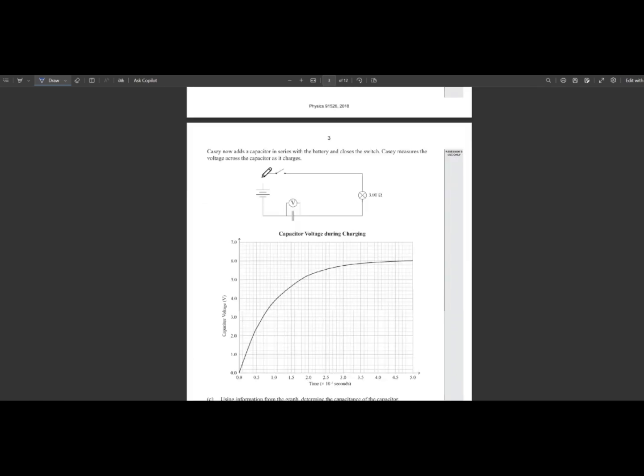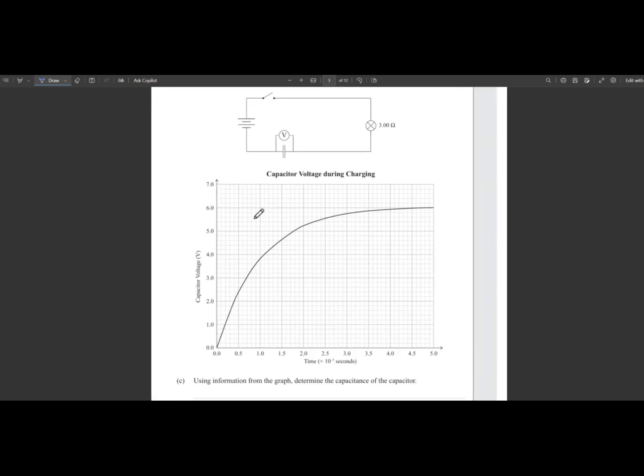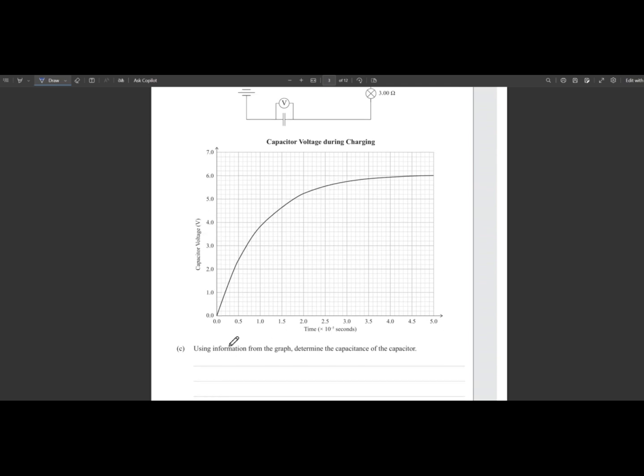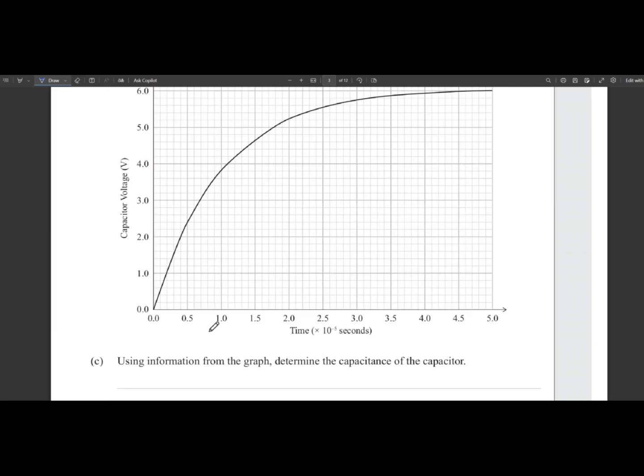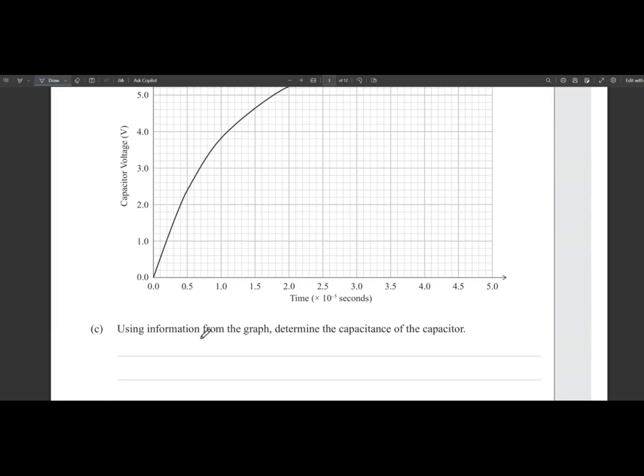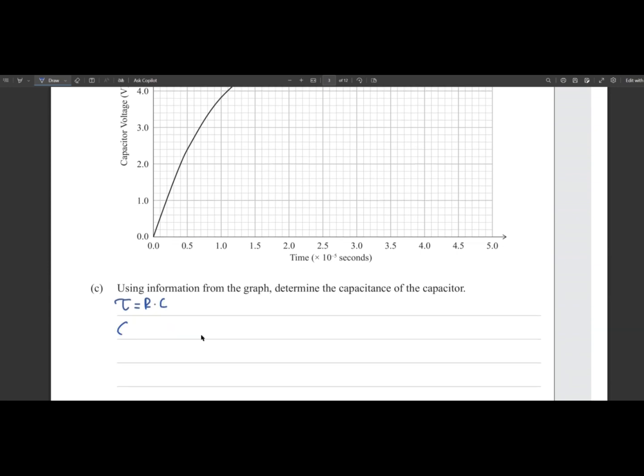Okay, so now there's a capacitor in series and Casey closes the switch as it charges. We have capacitor voltage against time. Looking at our formula sheet, we know that our time constant is our resistance multiplied by your capacitance, so your capacitance is going to be your time constant divided by resistance.